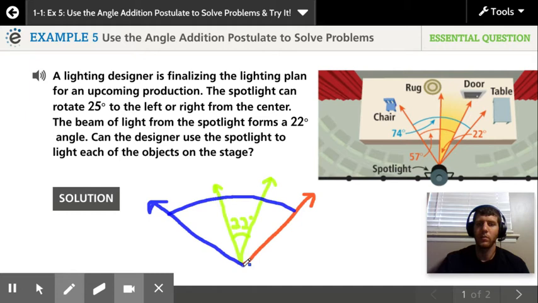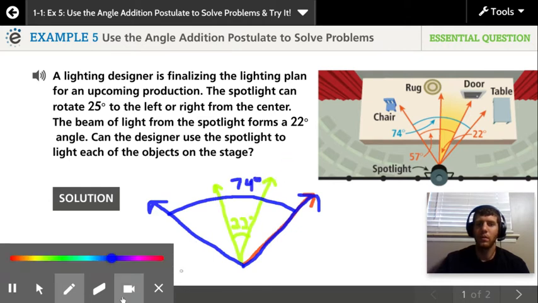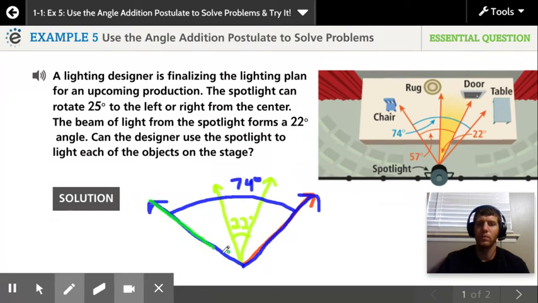So maybe I'll do this in blue. The whole big angle here is 74 degrees. Small beam is 22, and we also know that this angle here, from the chair to the door, is going to be 57.